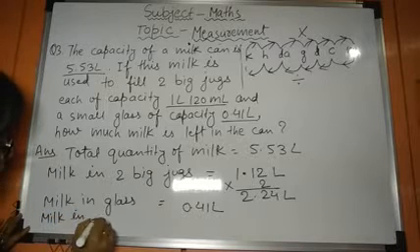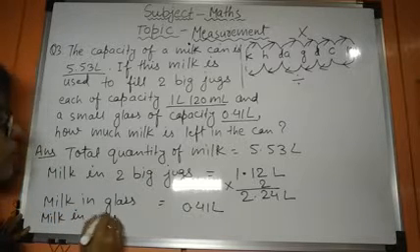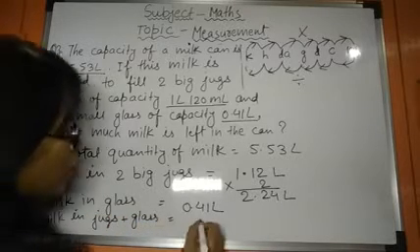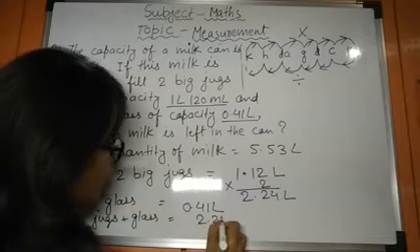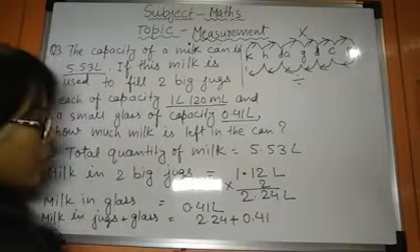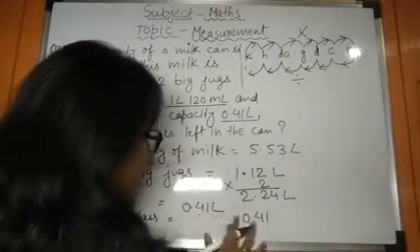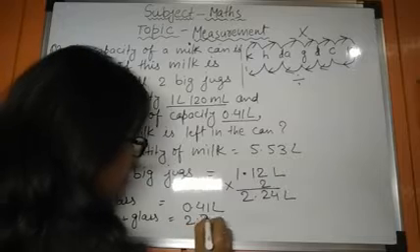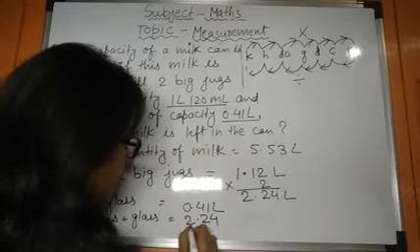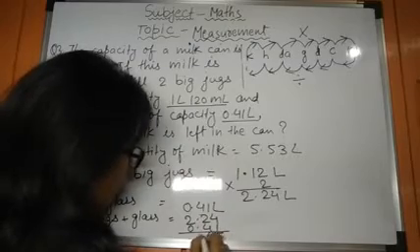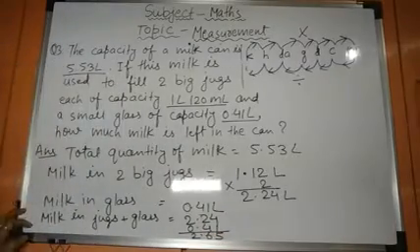So milk in jugs plus glass is equal to 2.24 plus 0.41. So you can find it, that is 2.65 liter.